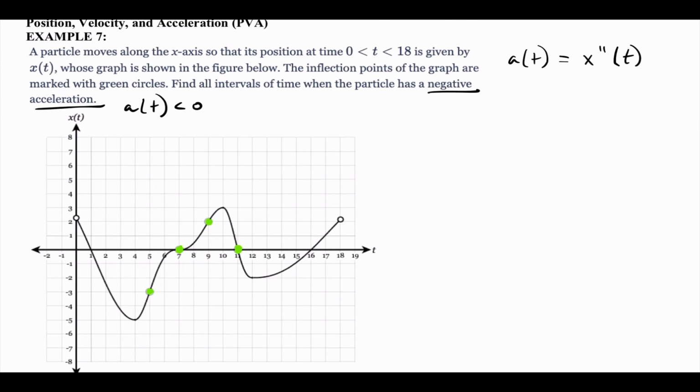When is something concave up? Let's write this down. Concave up. Okay, but what has an increasing slope? When something's positive, what is positive? Not the y value.